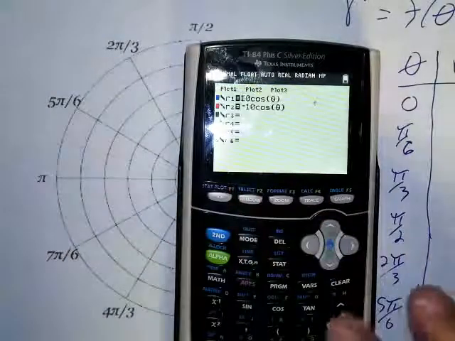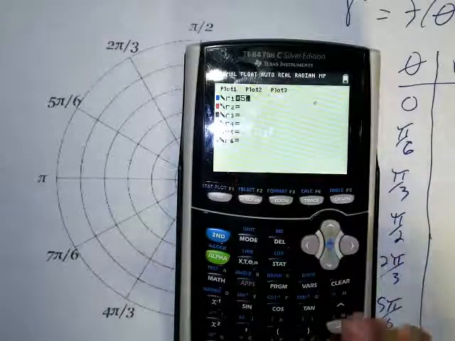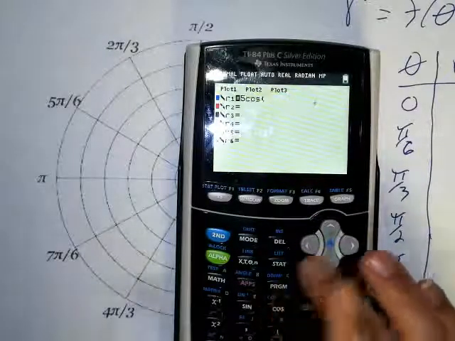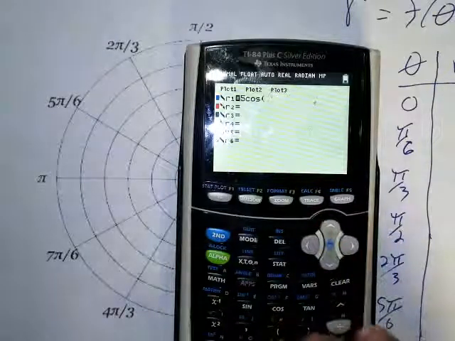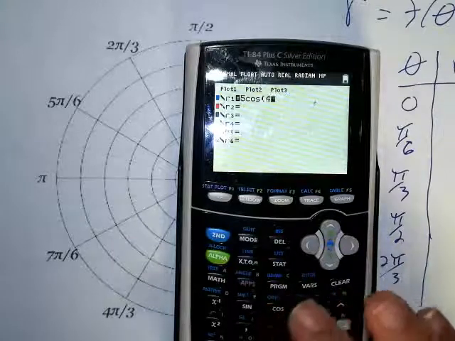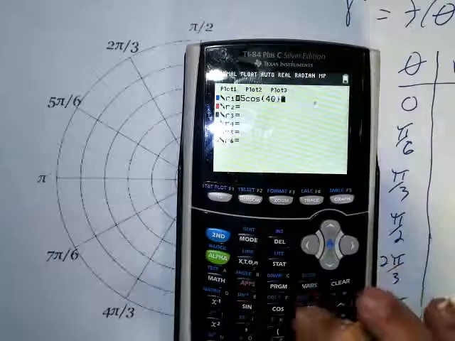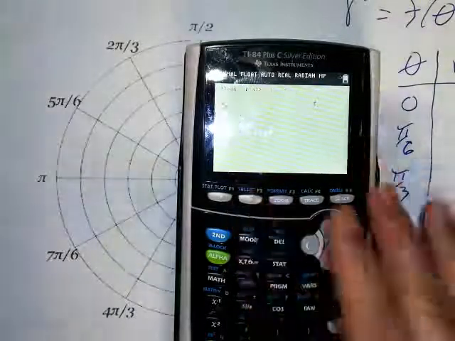Now let me show you a neat curve that's not terribly difficult. So I'll do 5, and then in for cosine, I will put, I don't know, we'll do 5 cosine 4 theta. So I'm putting a 4 inside my cosine along with theta.